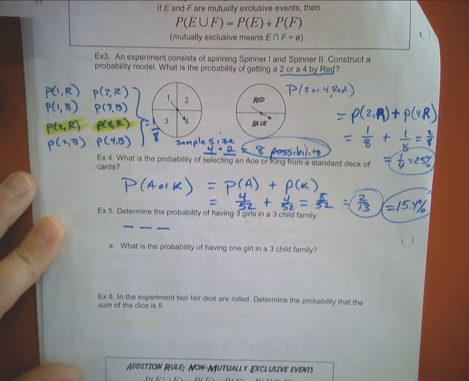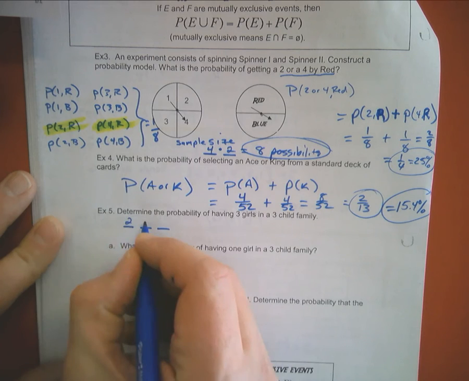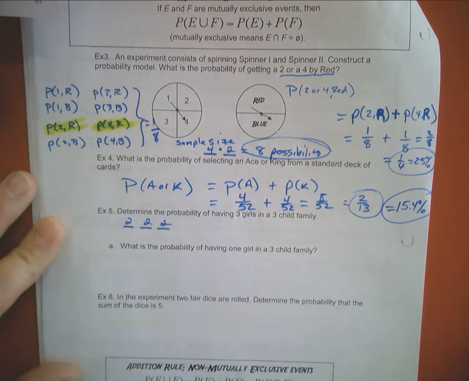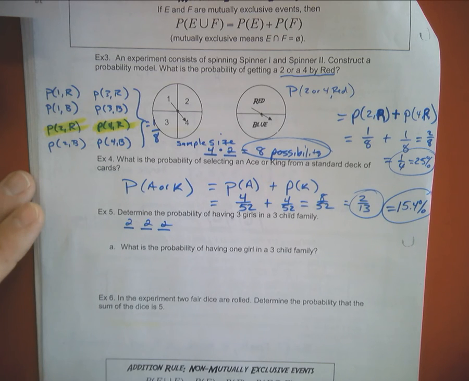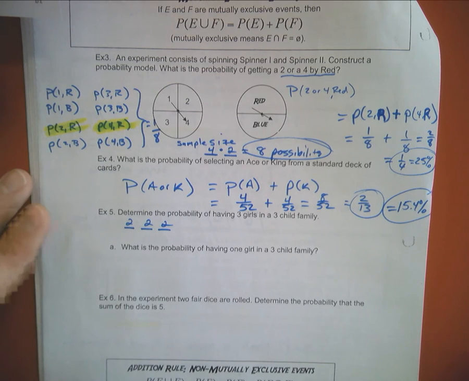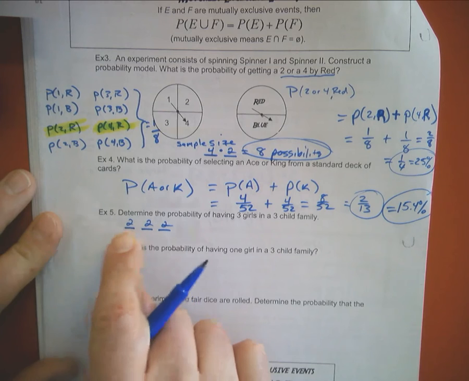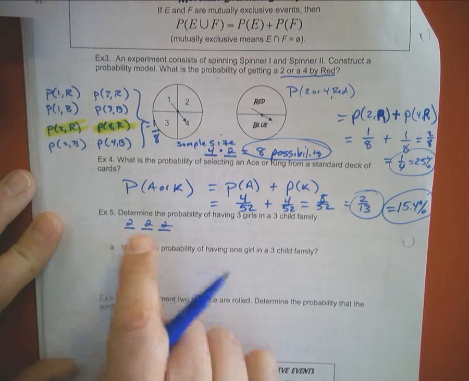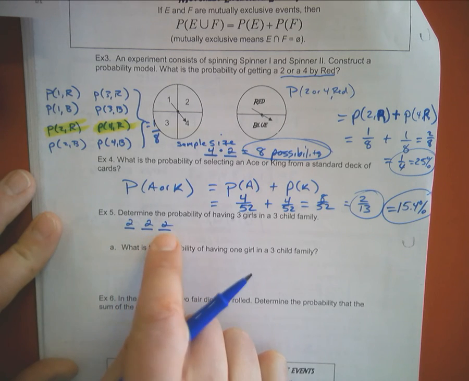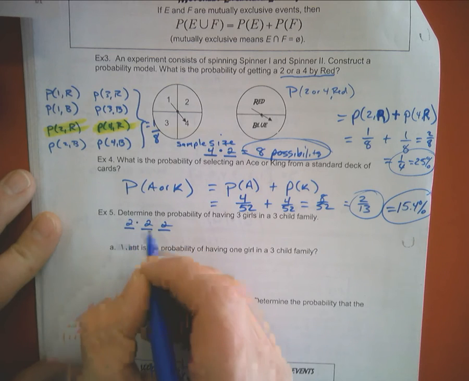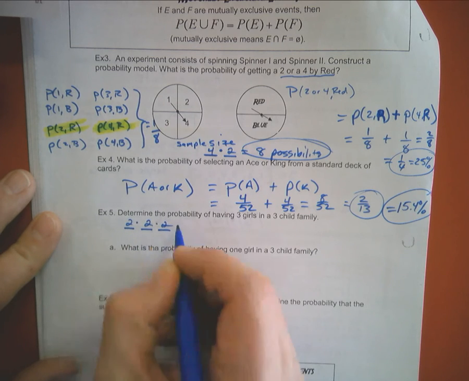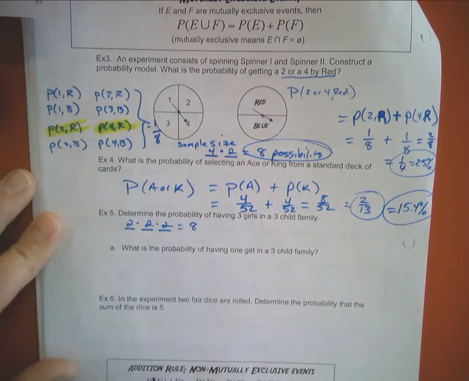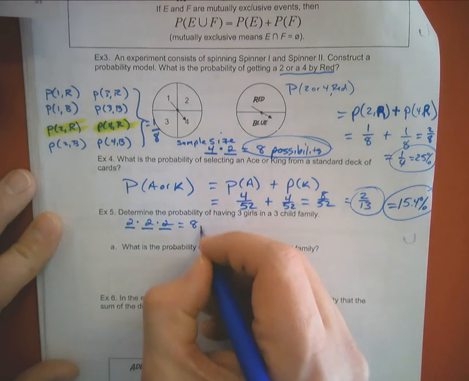And it's either boy or girl, right? There's 2 choices for the first, 2 for the second, 2 for the third. What do I do with all those numbers? Multiply. Very good. This is my appetizers, my entrees, my dessert. This is the choices for my first child, the second child, third child. Multiply. There are 8 possibilities here.